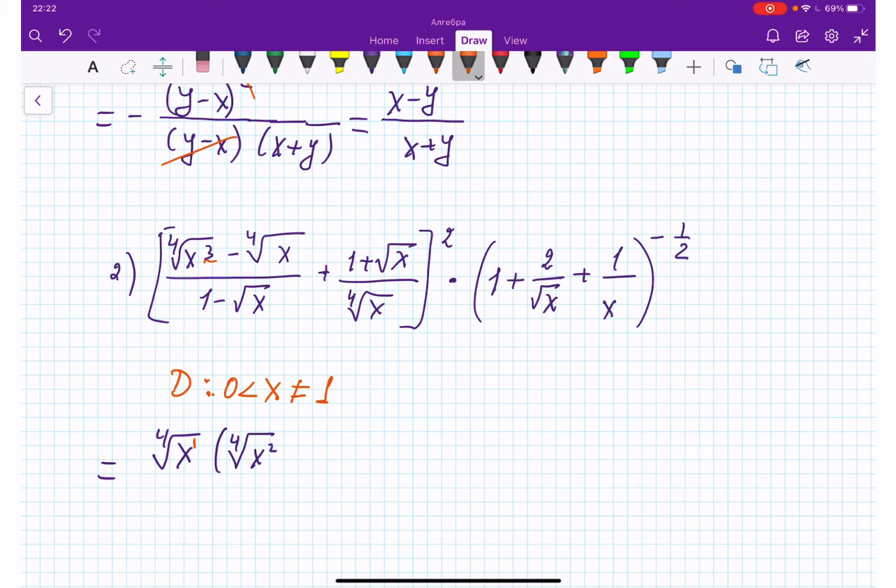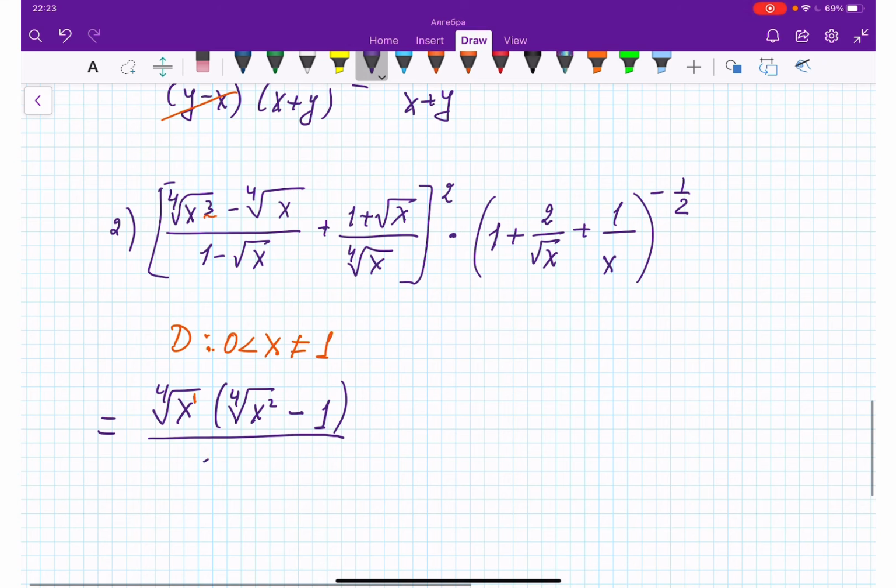We took out x to power 1, the degree 2 stays underneath. Yeah? And minus 1, right? And all this divided by 1 minus square root of x.